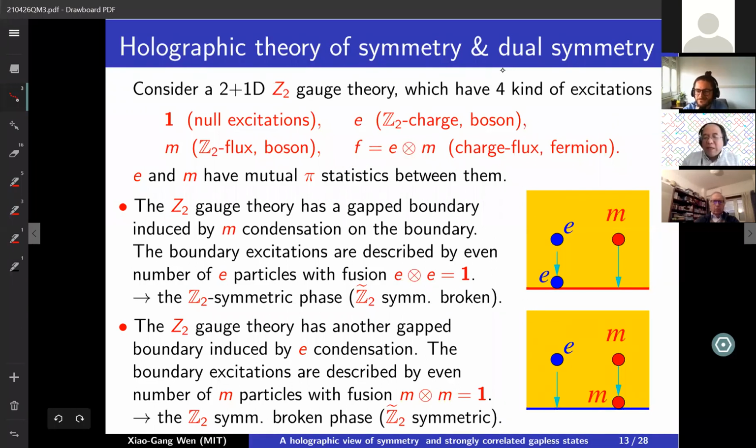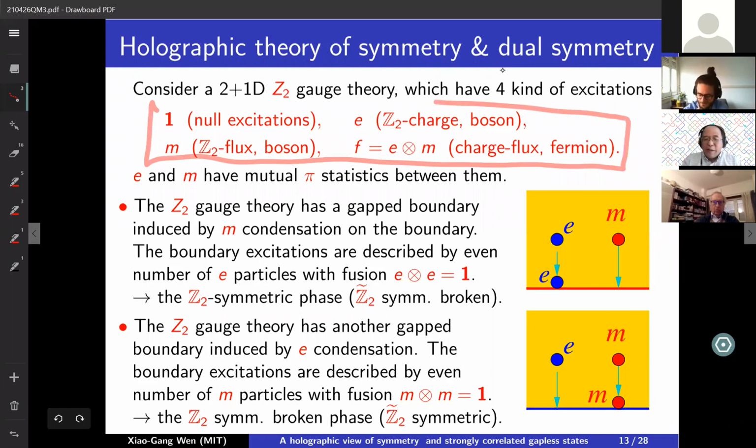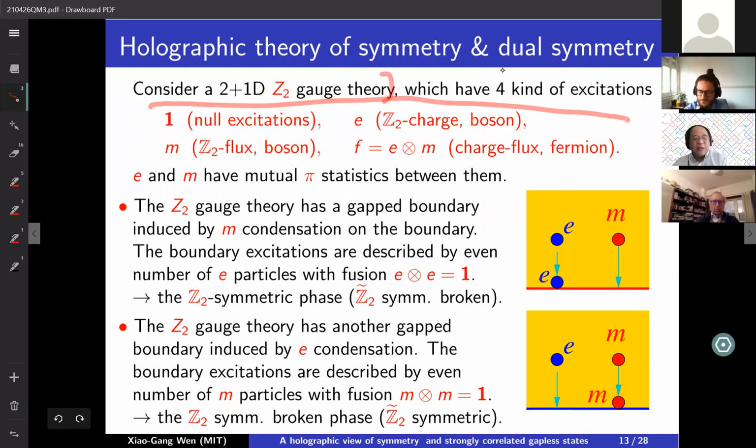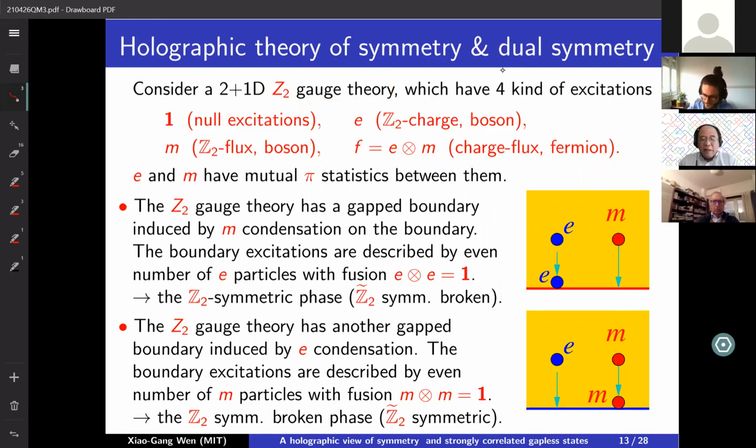Okay. And so this is the four elementary excitations in the Z2 gauge theory. Okay. And then the Z2 gauge theory has a boundary. And one boundary is obtained by condensing the Z2 vortex, Z2 flux.